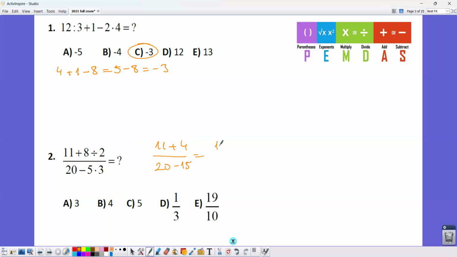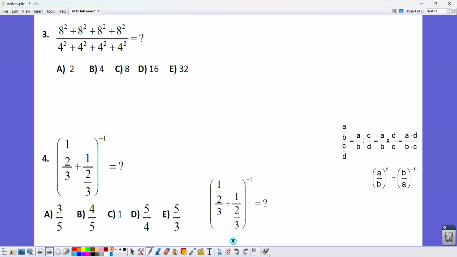So we have 11 plus 4, it's 15, over 5, which is 3, the result, A. First two questions are PEMDAS questions.